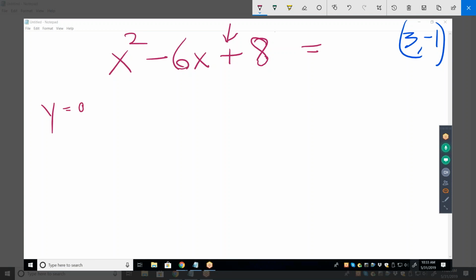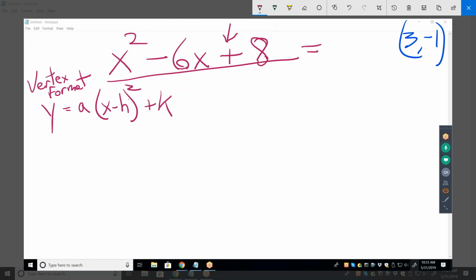Y equals A times x minus h squared plus k. You want to memorize that. That's actually probably the most important format. The reason it's so important is because it immediately locates your vertex. The vertex is h and k. Okay, so how do we get this to look like this?